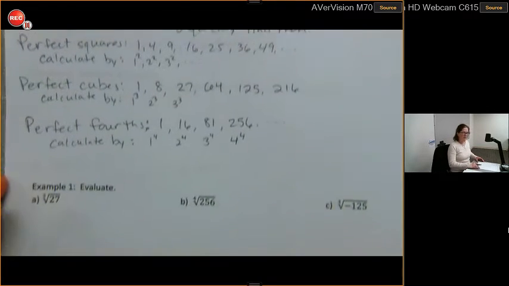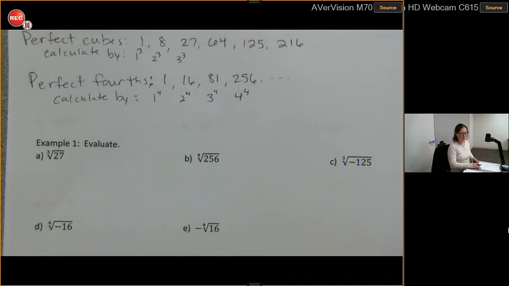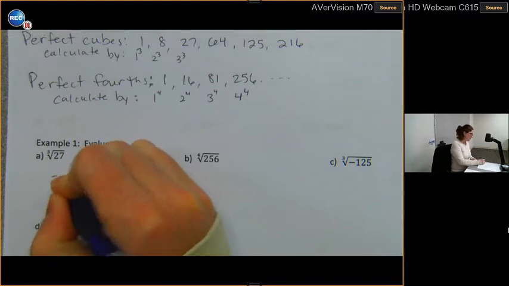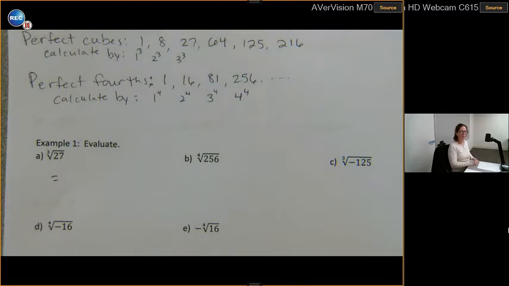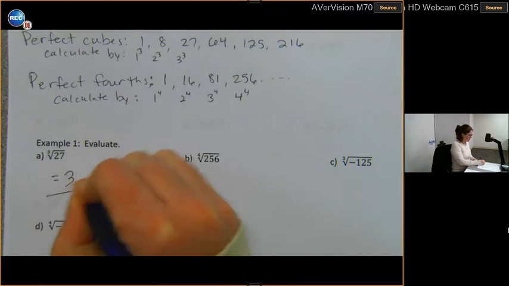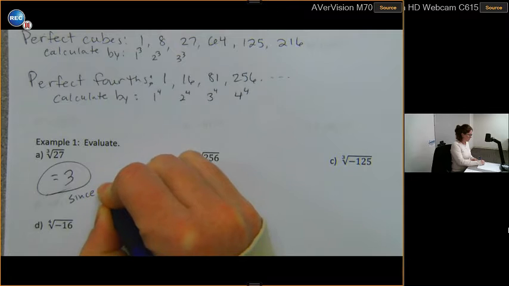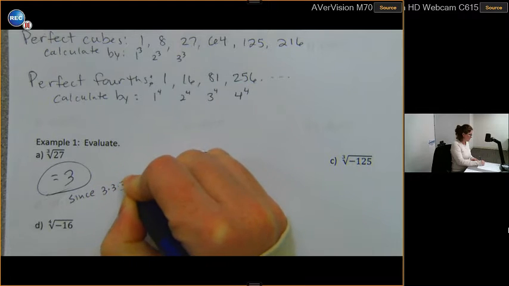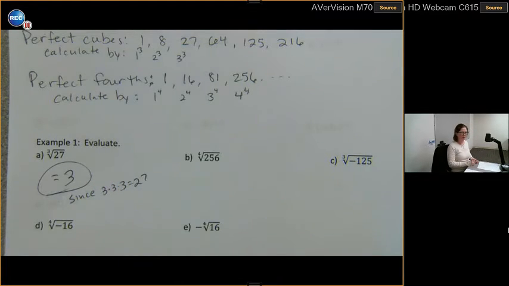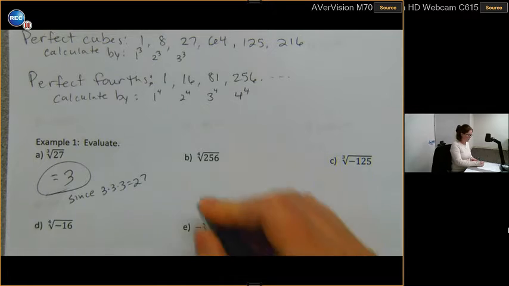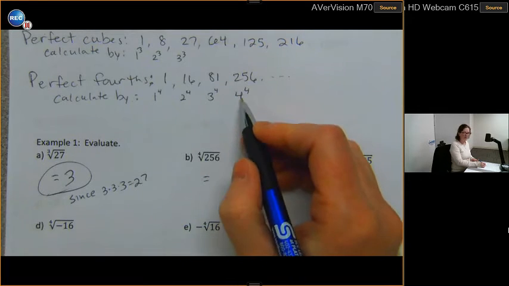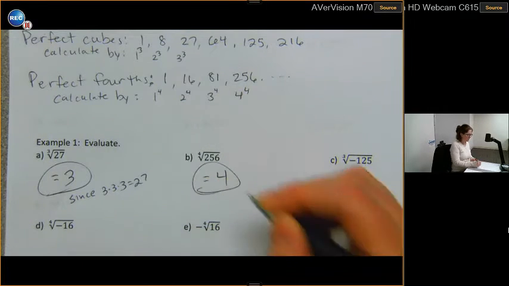So to evaluate the cube root of 27, we're looking for what number multiplied by itself 3 times in a row equals 27, and the answer is 3. This is since 3 times 3 times 3 equals 27. The 4th root of 256, I have that one written up here, is 4.